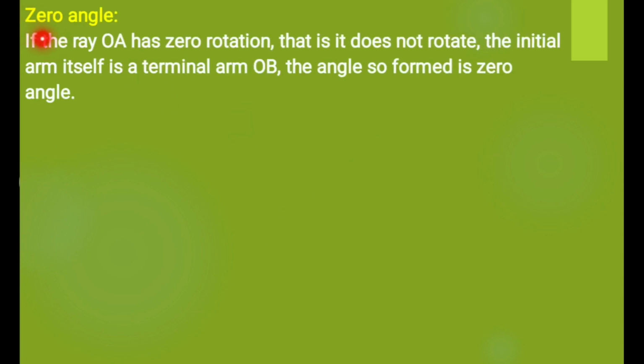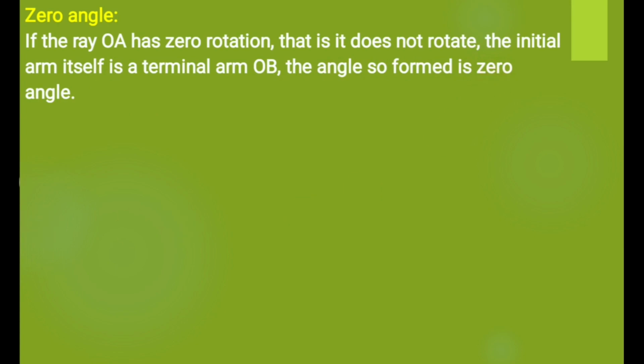Then the next concept, zero angle. If the ray OA has zero rotation, that is it does not rotate, the initial arm itself is the terminal arm OB, and the angle so formed is a zero angle.